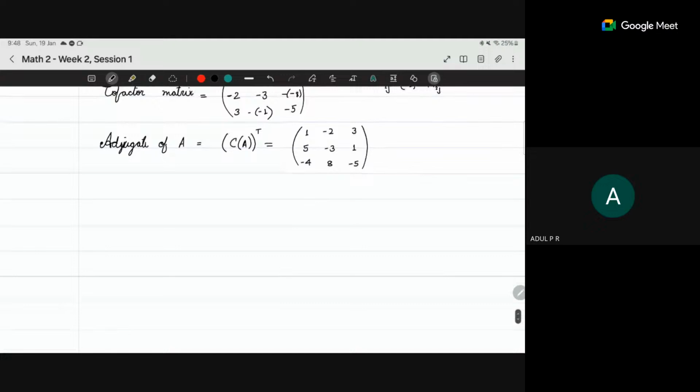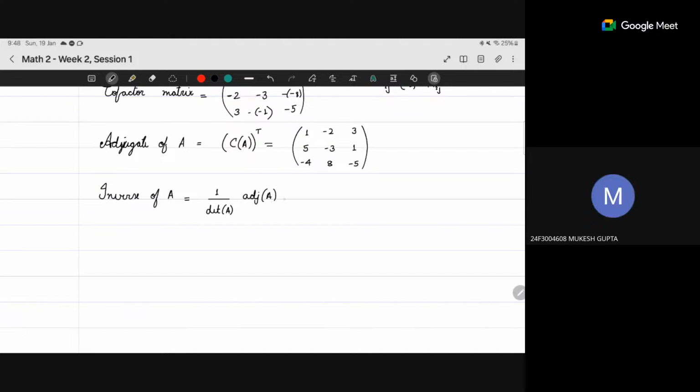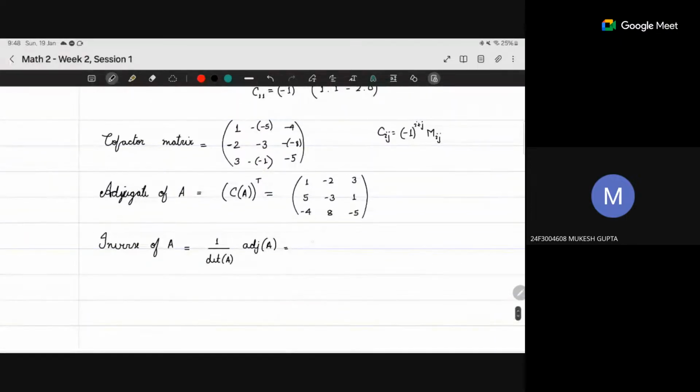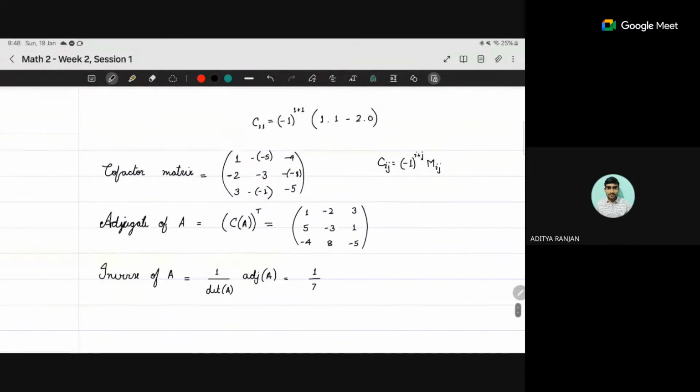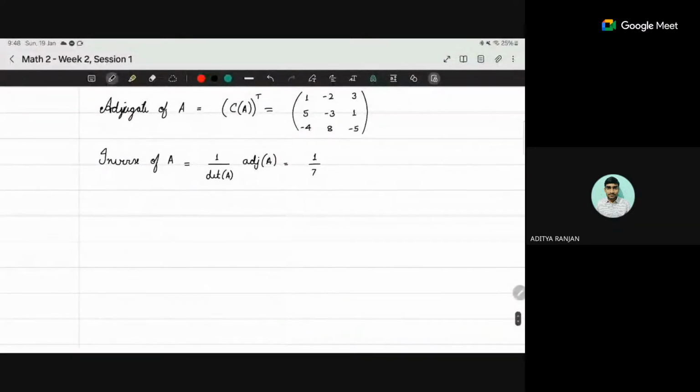Right? And then the inverse of it is 1 by determinant of A times the adjoint of A, the adjugate of A. That is just 1 by 7, right?